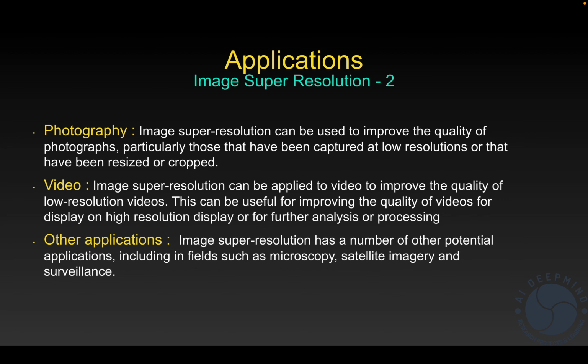For video we generally use motion and moving capability, and there are so many techniques in video super resolution, so we can't simply use image super resolution on videos. But yes, we can go with the videos, and if we have n number of frames, on every frame we can apply image super resolution. That generally gives you better quality than what we had previously.